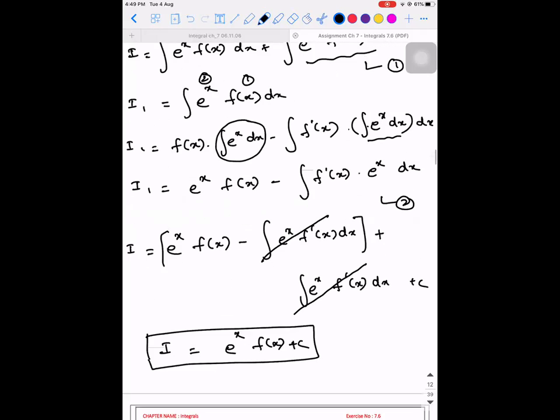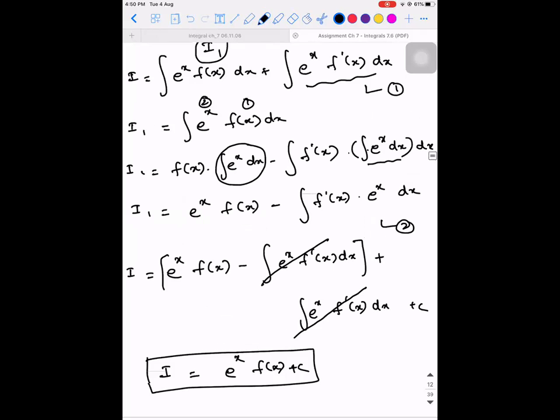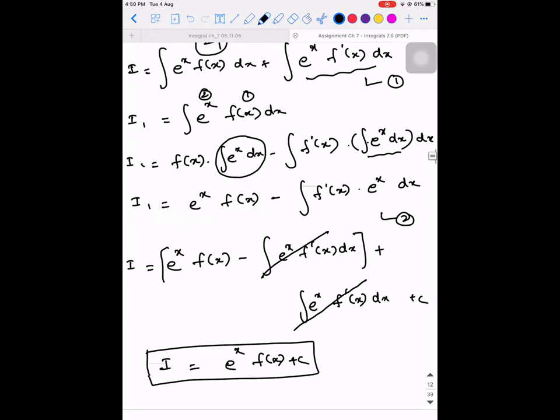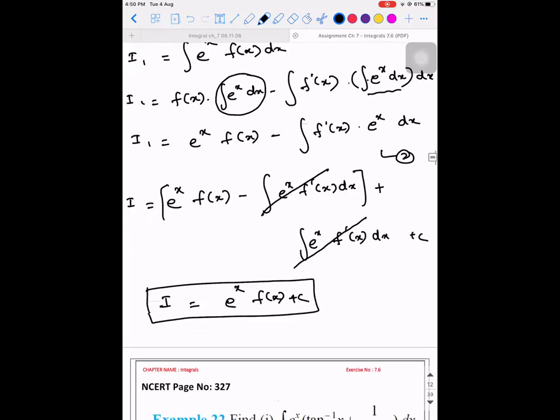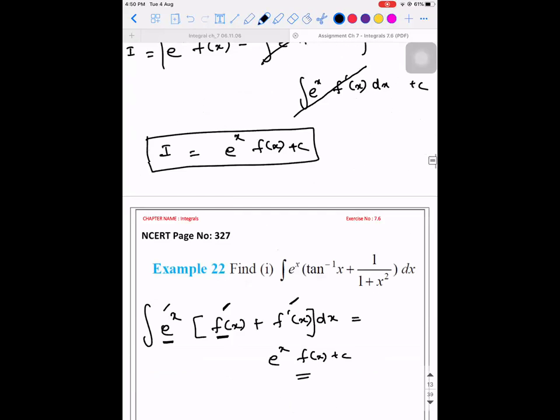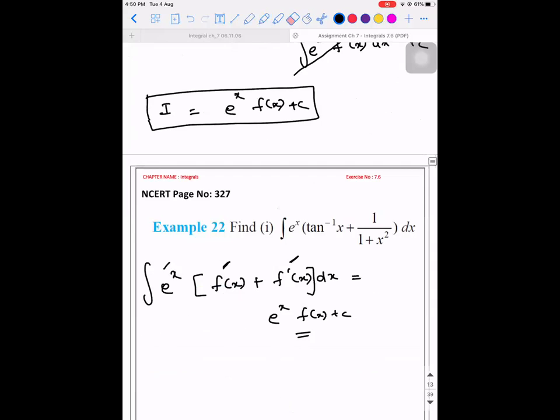Yes, sir. So this is the reason why we got e power x into f of x plus c. So next time onwards, observe this. Keeping this point in mind, tell me what will be the answer for this question. e power x tan inverse x plus c.